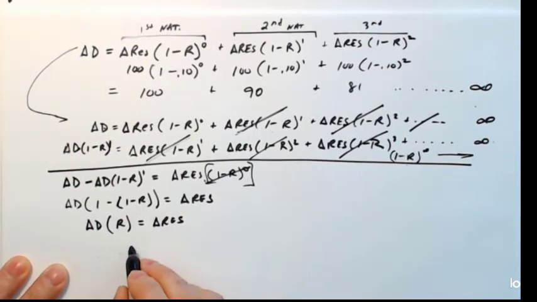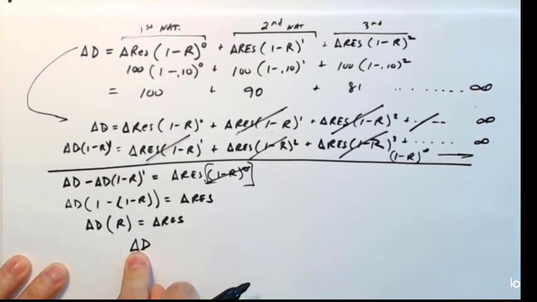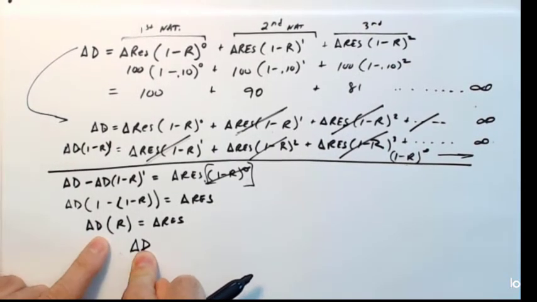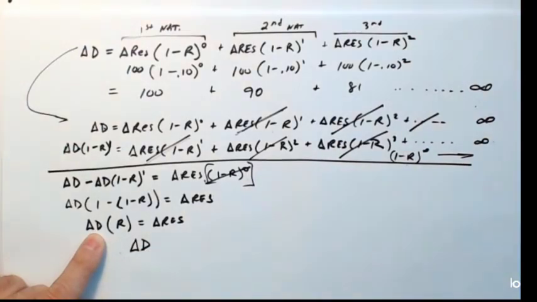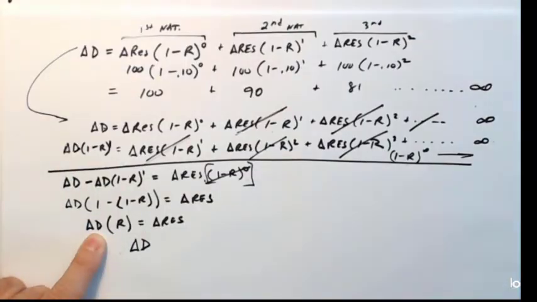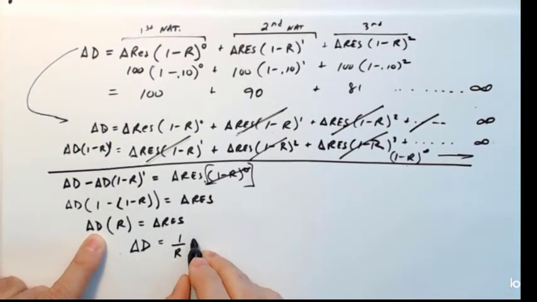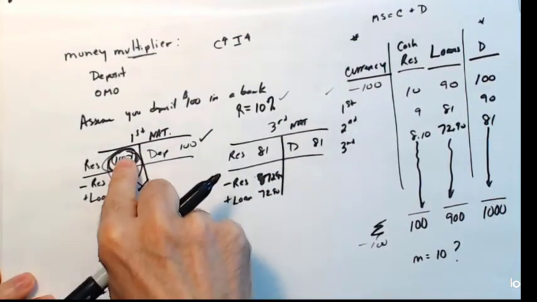This comes out to be the change in deposits. Don't get lost in this. That means the change in the money supply in the banking system from this initial deposit that we made equals 1 over r times the initial change in reserves. And there's the initial change in reserves. That was your change in deposits in this example.